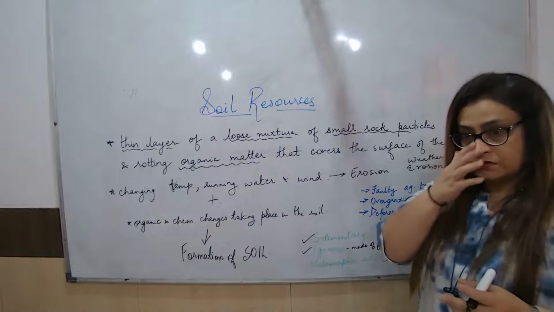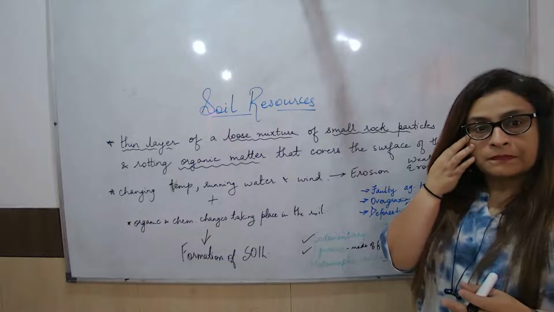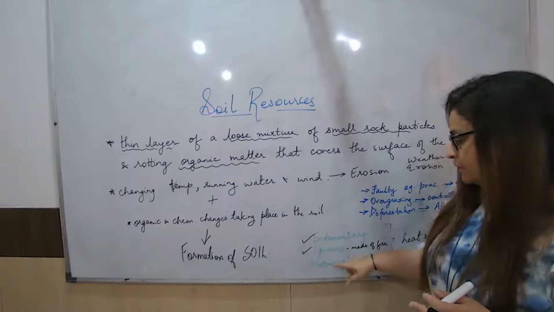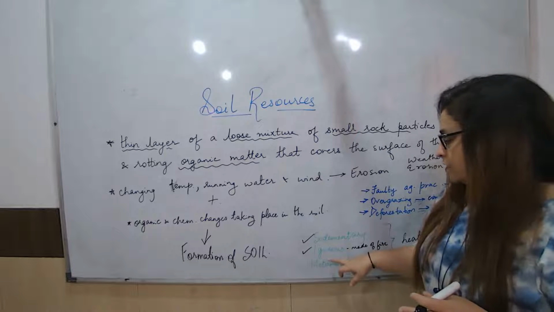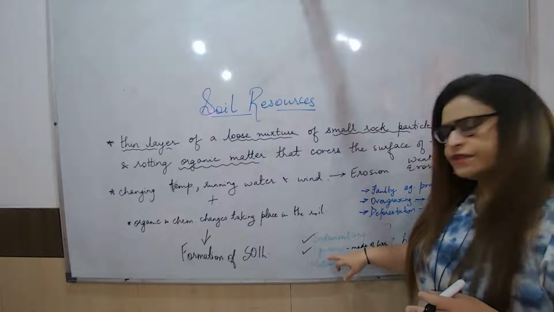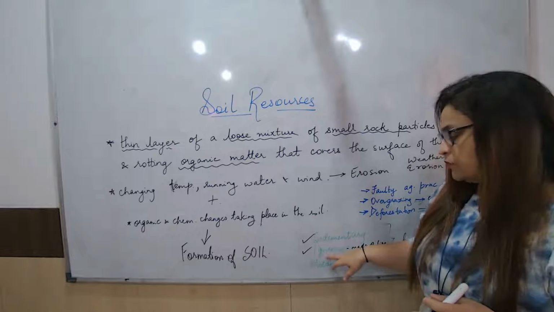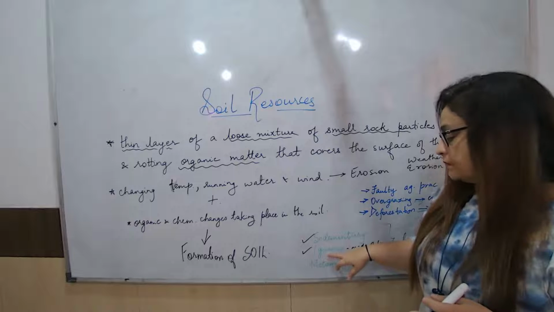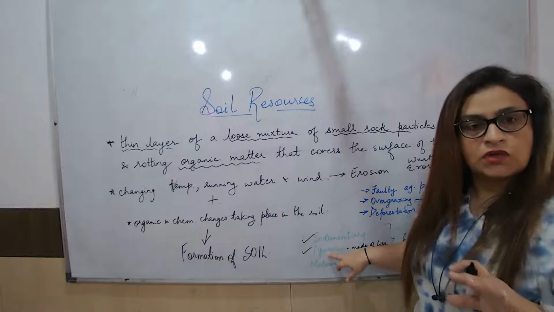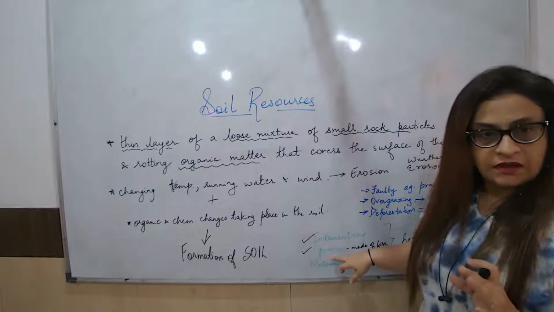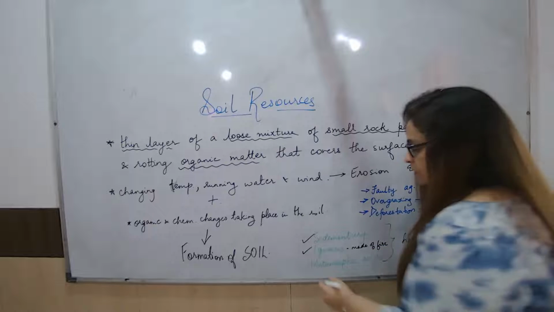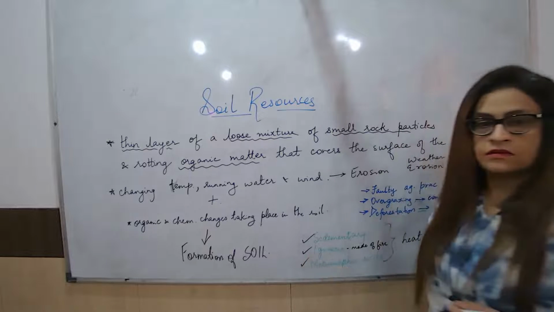What is magma? Correct. It's the same thing. So, these igneous rocks, when lava, magma, so we would say magma, lava, is cooled, then igneous rocks are formed. What are metamorphic rocks?